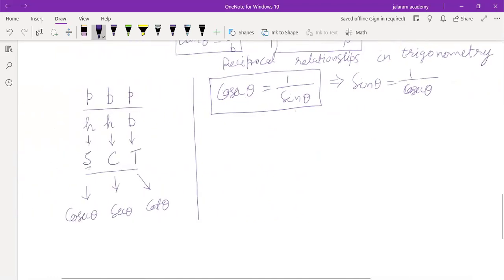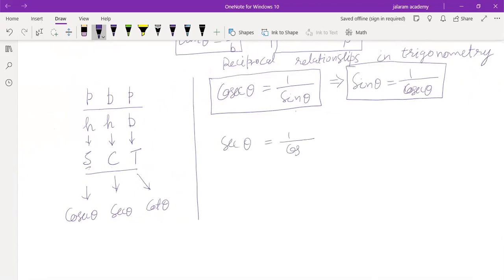Okay, cosec theta equals 1 by sin theta. Sin theta equals 1 by cosec theta. We have to learn both. Next, sec theta equals 1 by cos theta, and at the same time cos theta equals 1 by sec theta.